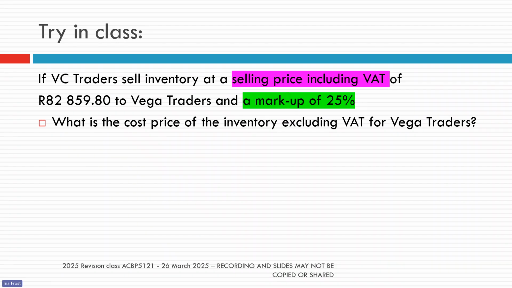I'm giving you a selling price that already includes a markup of 25% and VAT of 15%, and I'm asking you to go back and find the cost price. I'm going to pause for about 10 seconds, so see if you know what to do. Can you get back to the cost price?